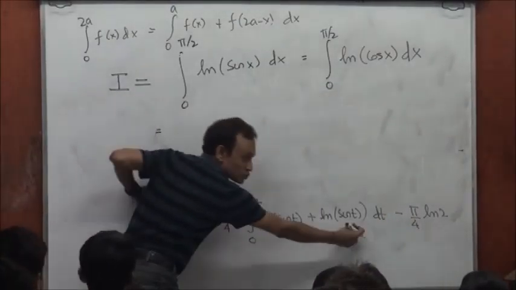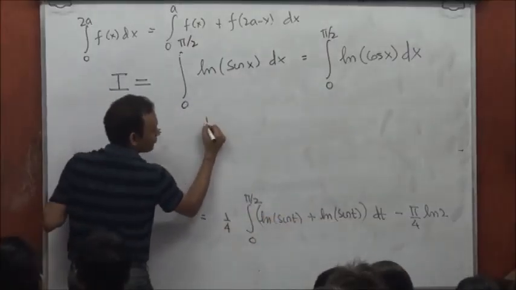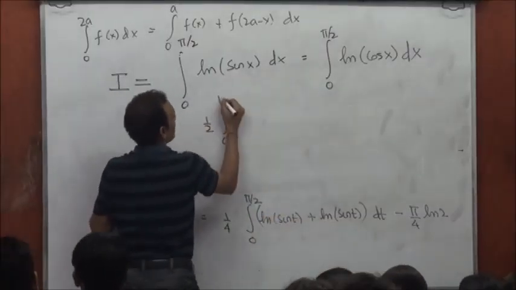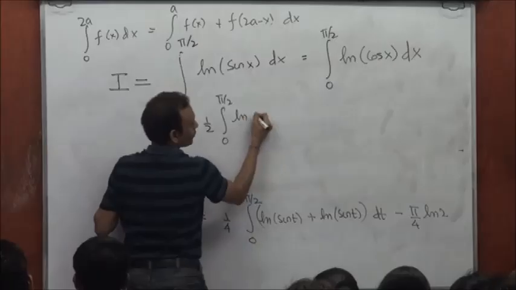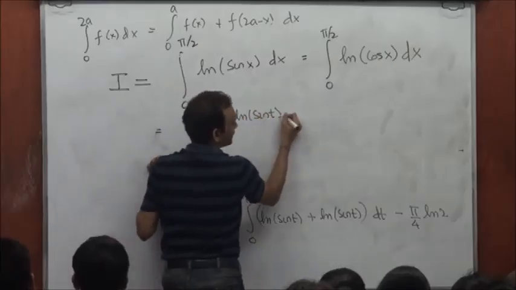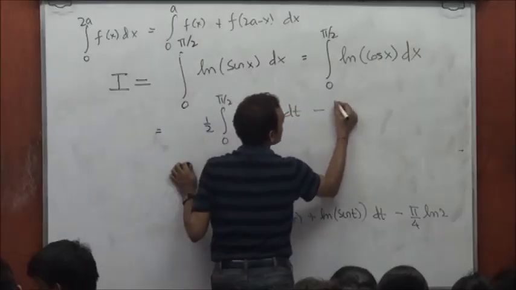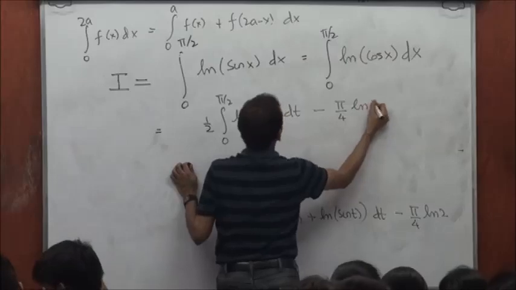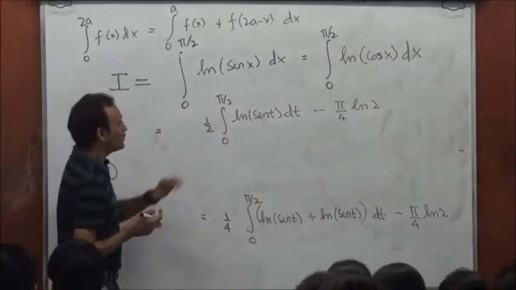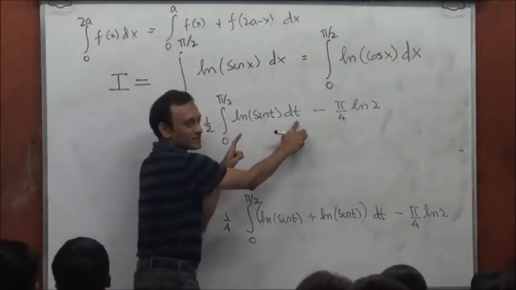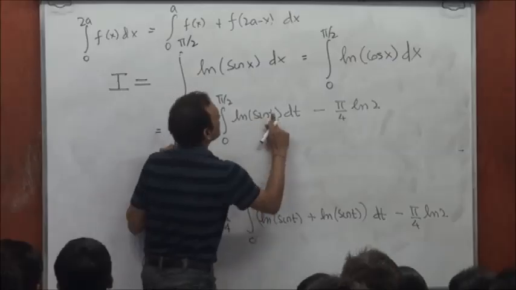Which then, this is twice, so this is going to become half of integral 0 to pi by 2 of log sin t dt minus pi by 4 log 2. Do you realize that t or x does not matter? So call it x.